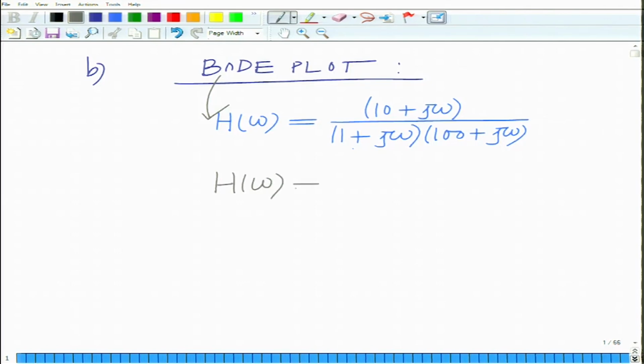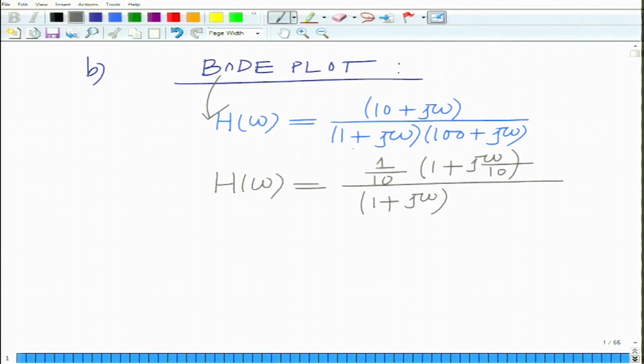I can write this as H of omega equals 1 over 10 into (1 plus j omega over 10) divided by (1 plus j omega) into (1 plus j omega over 100). You can verify that.